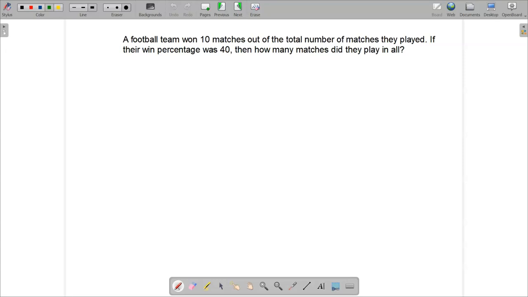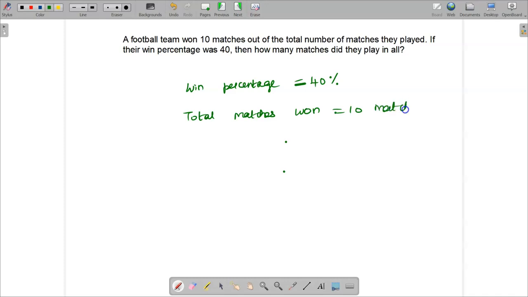So they are saying that the win percentage is 40%, and the total matches won by the football team is 10. So the total matches won is equal to 10 matches.